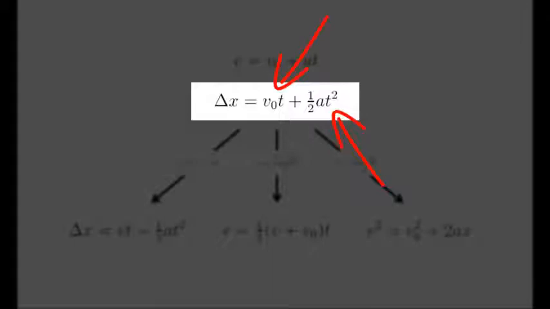And you can see that if the initial speed is 0, this whole term disappears, and I revert back to my original formula. So in all cases, the position is a combination of the motion from velocity and the motion from acceleration.